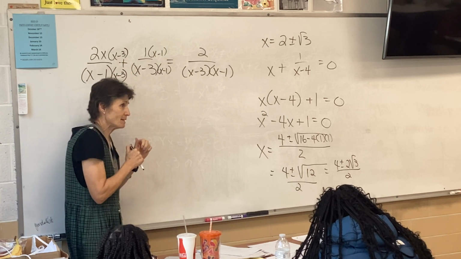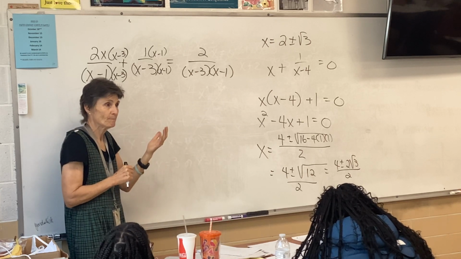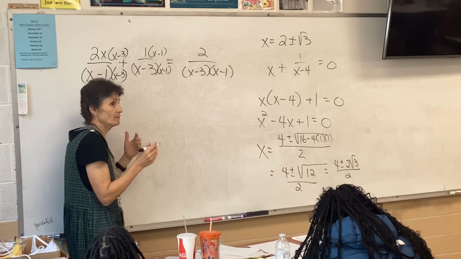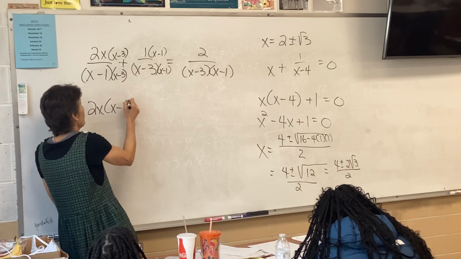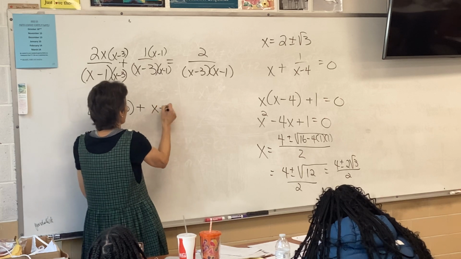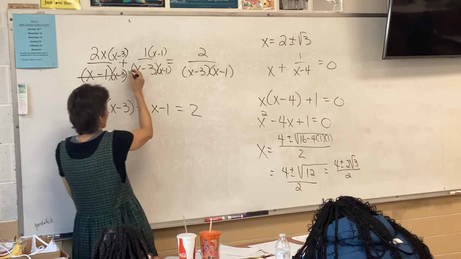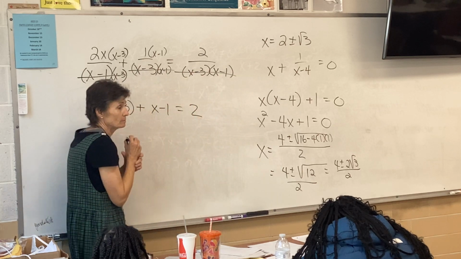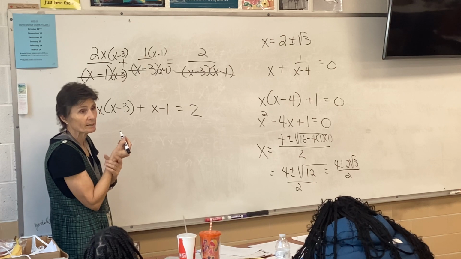What are you allowed to do once all the denominators are the same? Get rid of them. They're gone. You can totally ignore them. So at this point, all we have left is the numerators. These are all gone. The beauty of making a match is you can get rid of them.